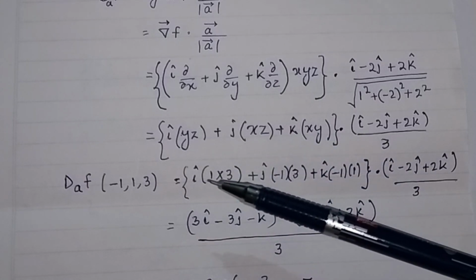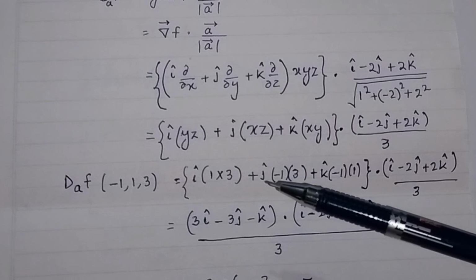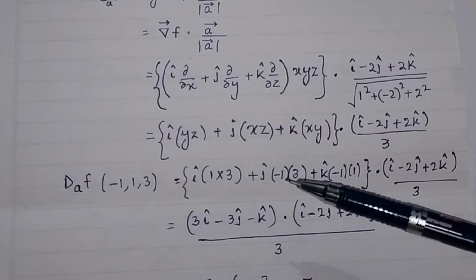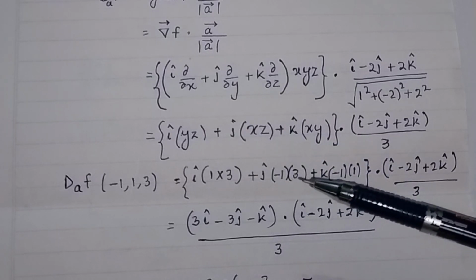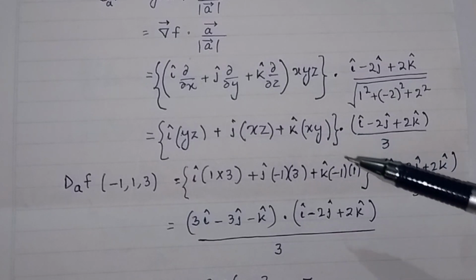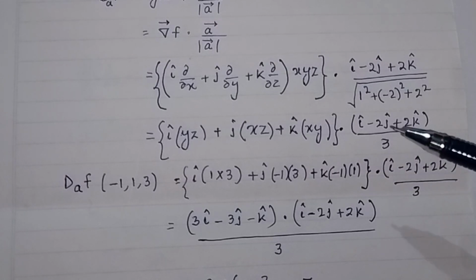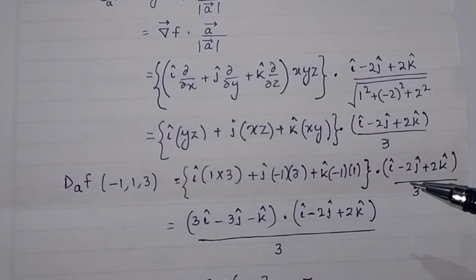So i cap with y equal to 1, z equal to 3, plus j cap with x equal to -1, z equal to 3, plus k cap with x equal to -1, y equal to 1. And here the vector is i cap minus 2j cap plus 2k cap divided by 3, so this will remain as it is.